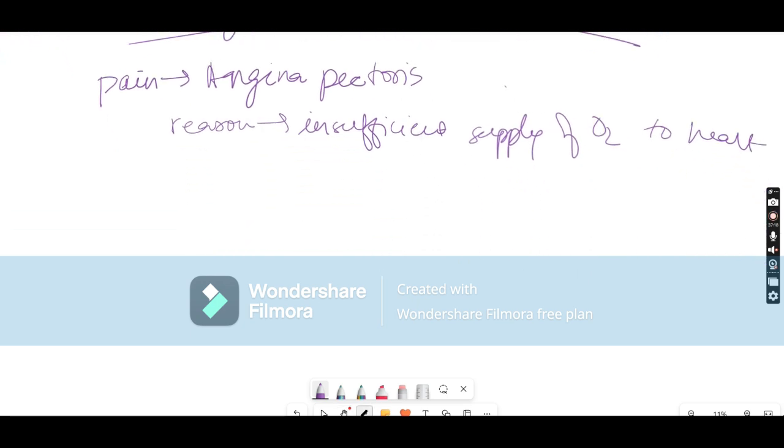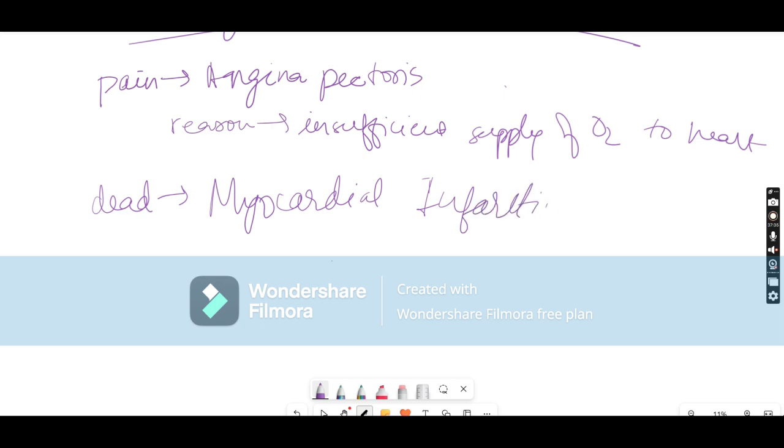Now there's this pain. Okay, now we have the deadening of cells. Now when the muscles start deadening, we experience myocardial infarction. In simple language, also known as heart attack.